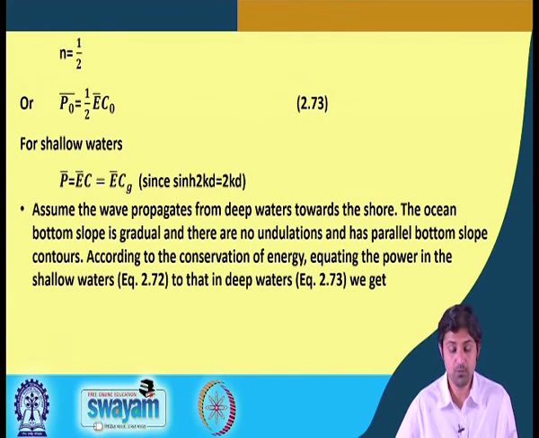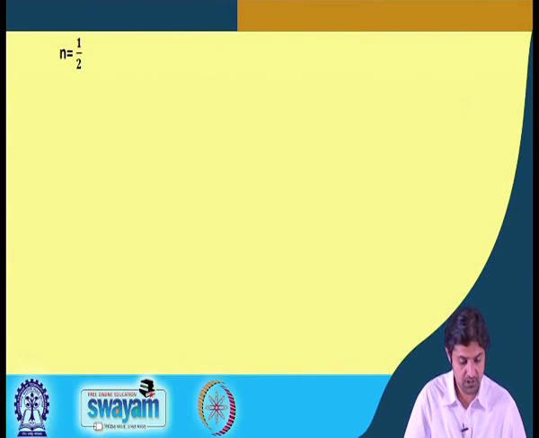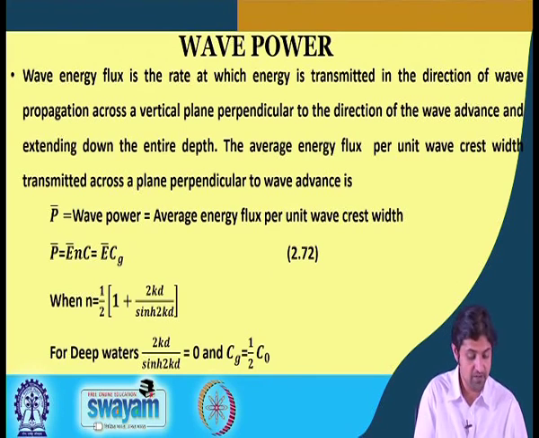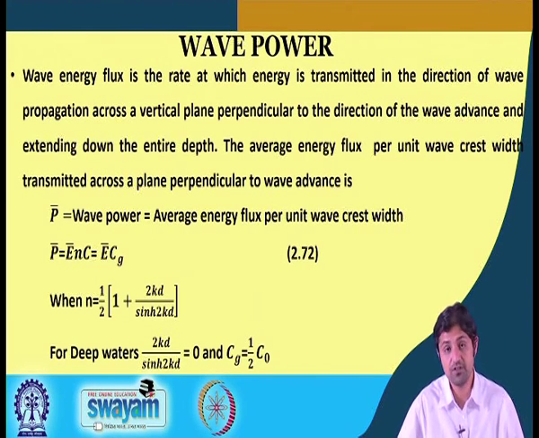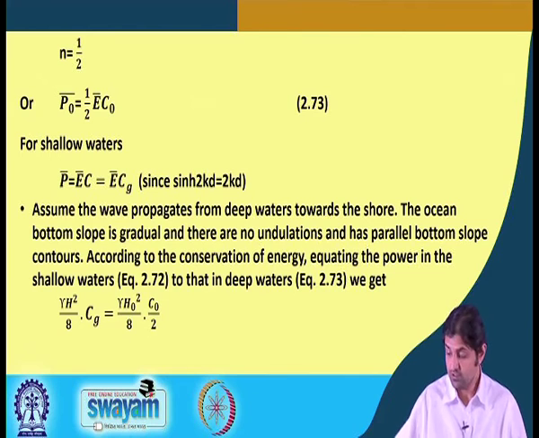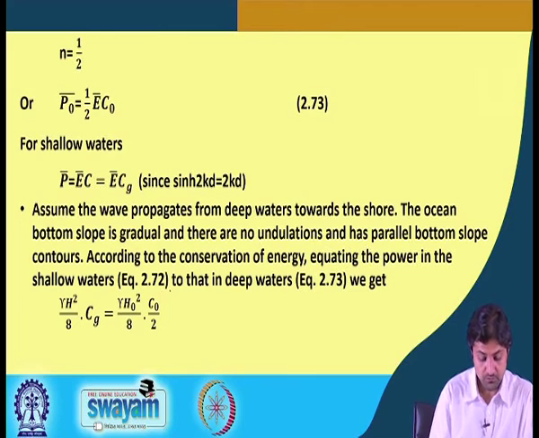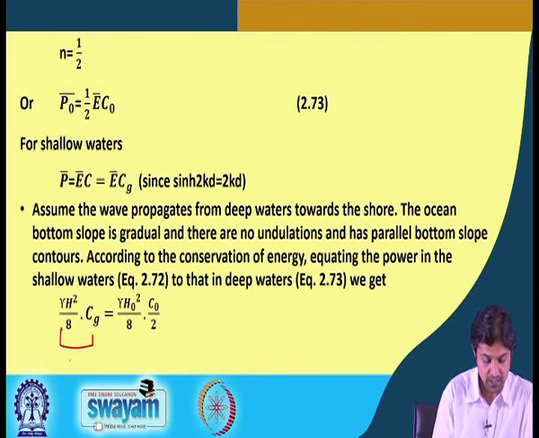If you assume that the wave propagates from deep water towards the shore and the ocean bottom slope is gradual and there are no undulations and has parallel bottom slope, the wave power is going to be conserved if the wave moves from one depth to the other. If there is no loss, it is average energy flux per unit wave crest width, and if we apply the conservation of wave power, so this is any depth.